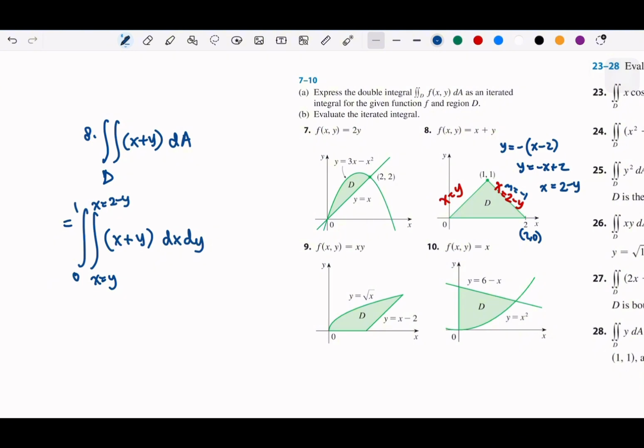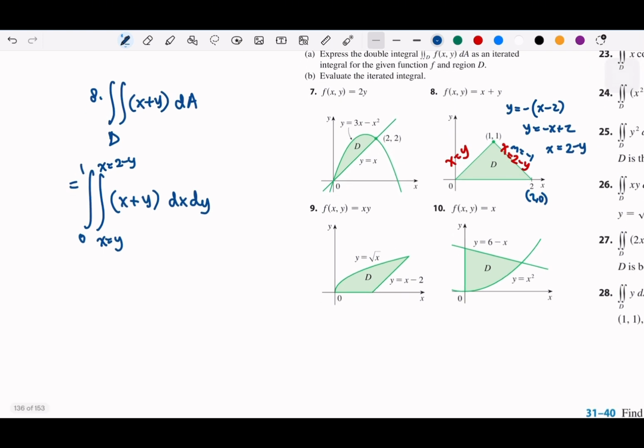Basically the first step is taking the integration with respect to x. That gives half x squared plus xy, substituting y and 2 minus y, and you still have dy.